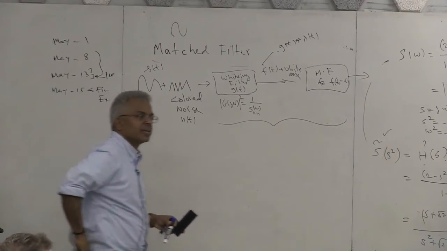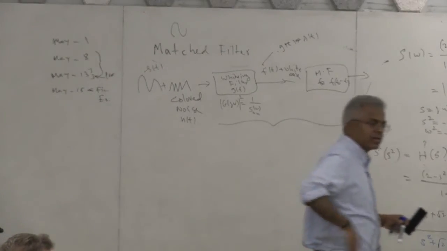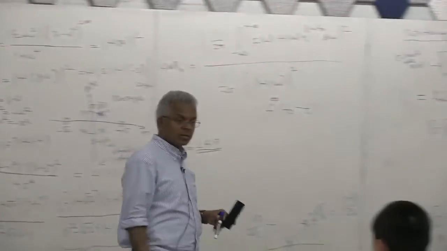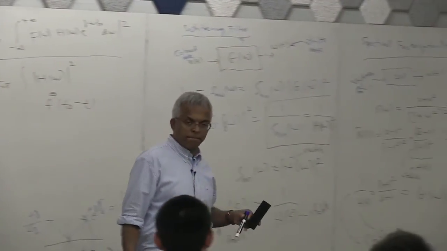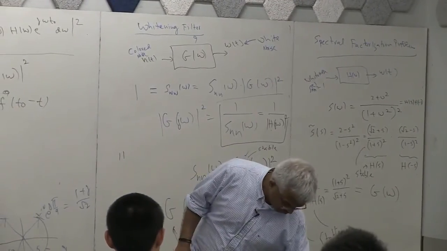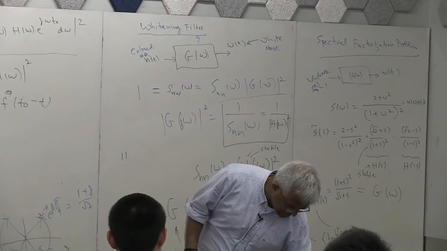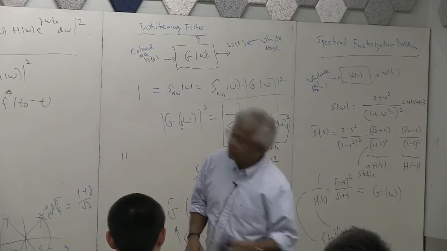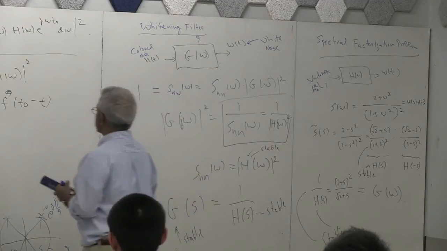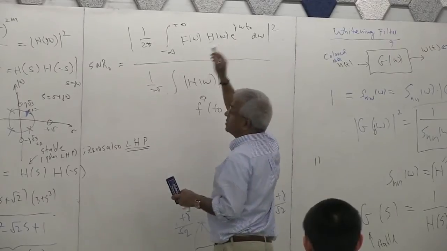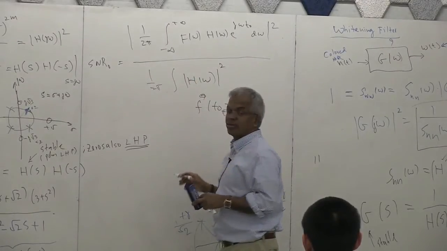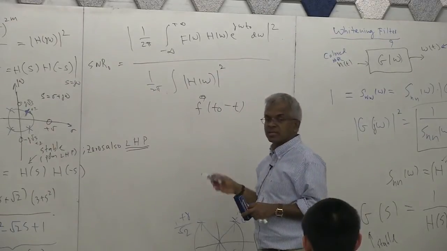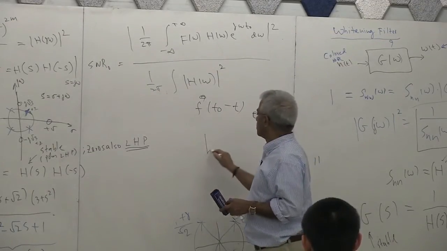Excuse me, Professor, generally white noise is of infinite energy. Right. But here we are making white noise. Well, the idea is, if you live that long, the output will be, remember, conceptually it is fine.